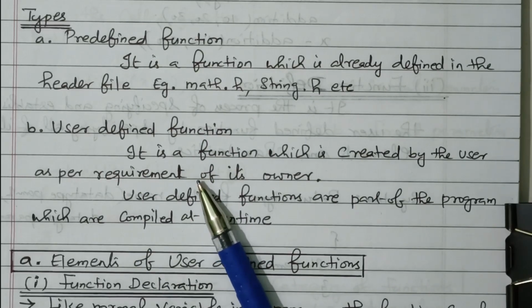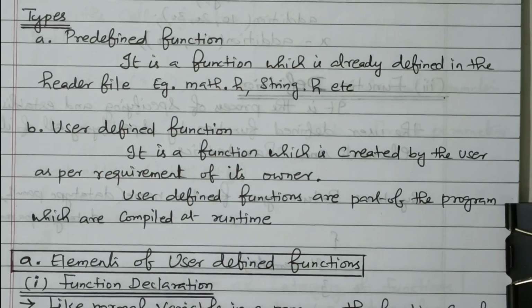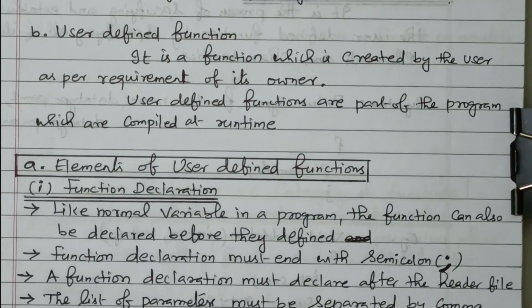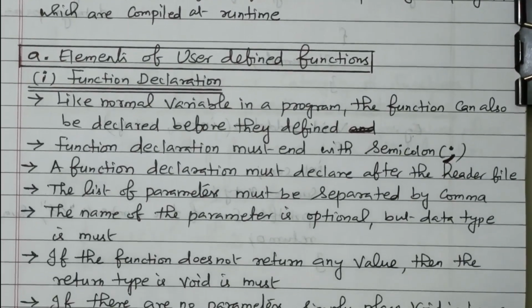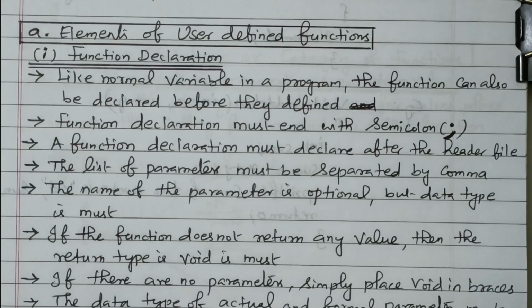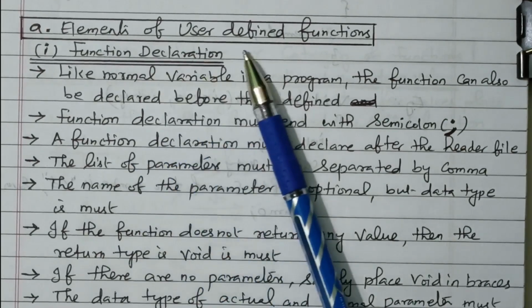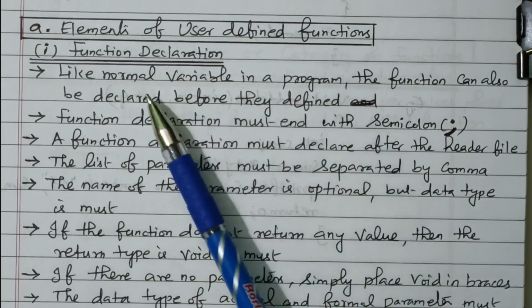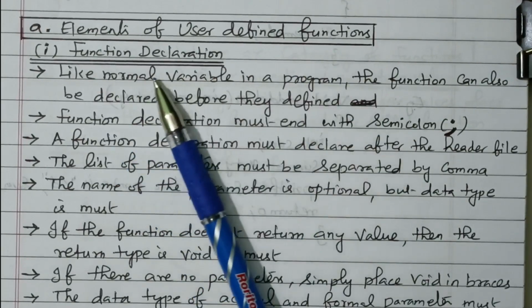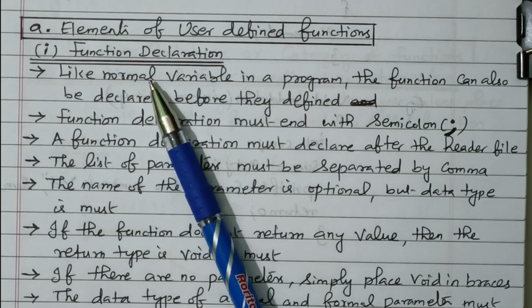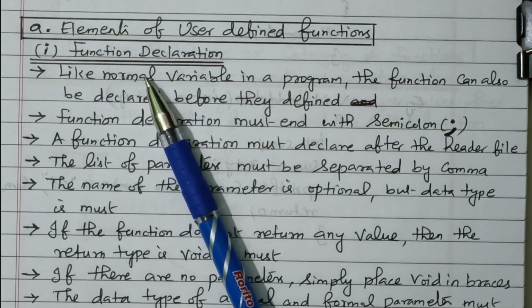Now we will see what elements are available in a function, what things we need to decide in a function of the C program. The elements of a user defined function. First one is the function declaration. First we need to declare the function. What is meant by declaring the function?